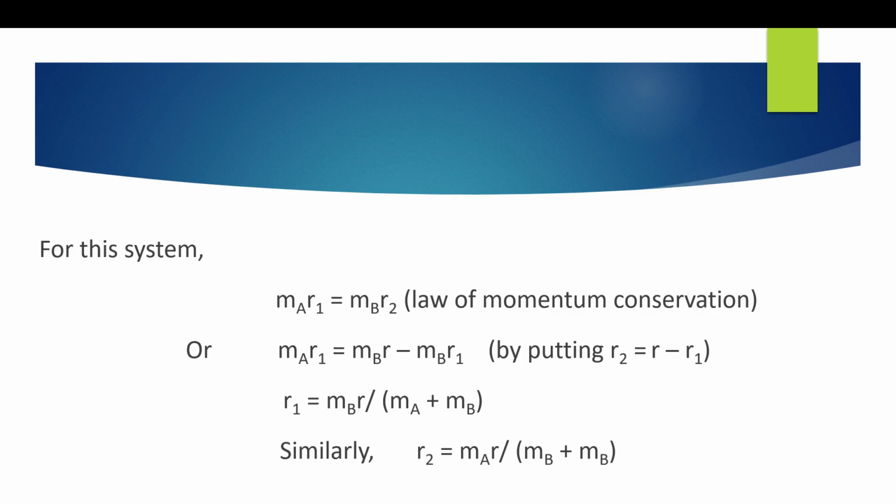Now from the law of momentum conservation, Ma R1 equal to Mb R minus Mb R1, by putting R2 equal to R minus R1. It means we can obtain the value of R1. Similarly, we can obtain the value of R2.